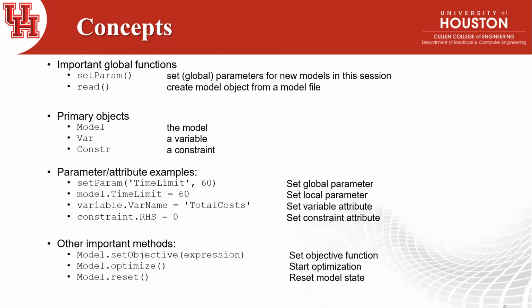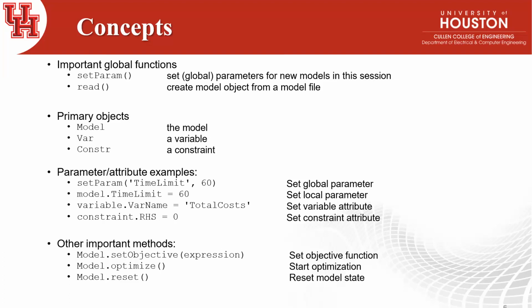The last one, the model time limit, is a local parameter. It is just used in this model. And variables and constraints also have their own parameters. We also have some important methods or functions.